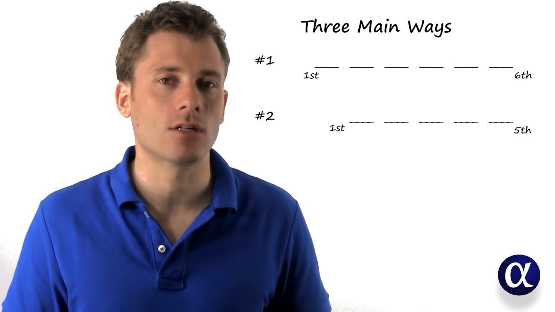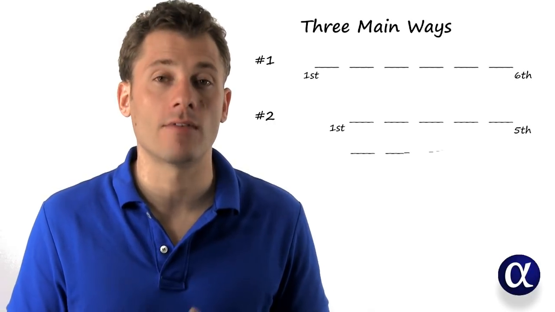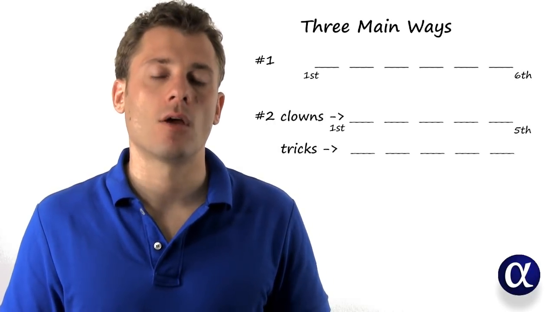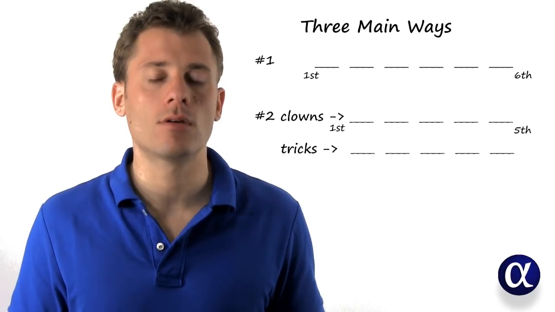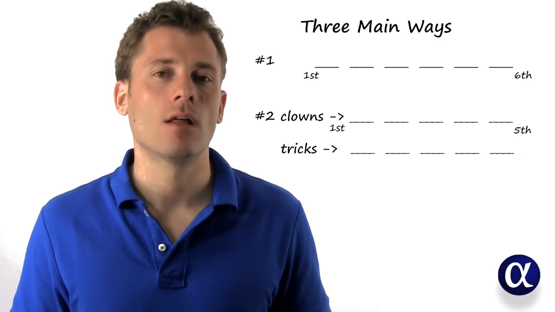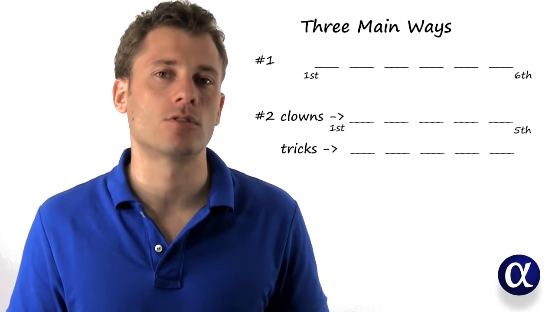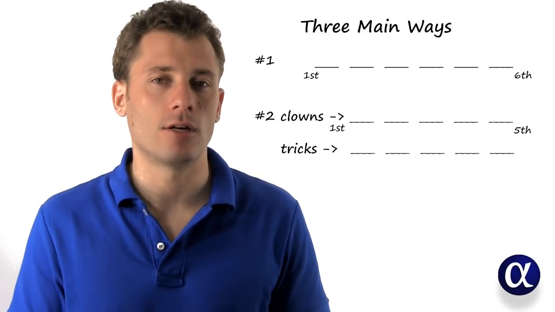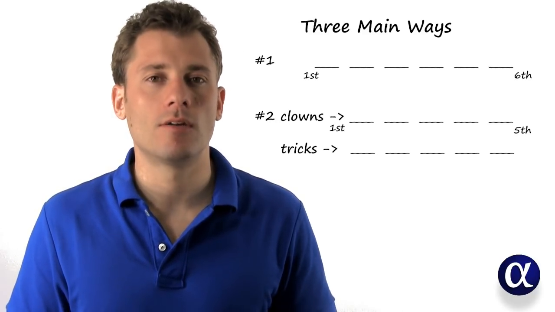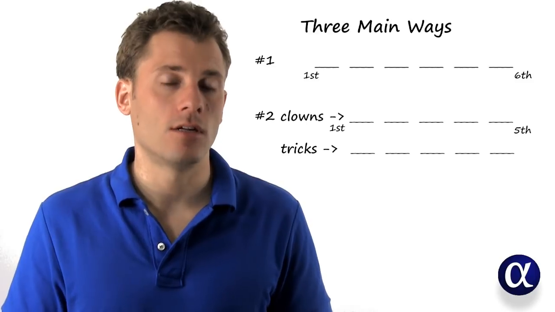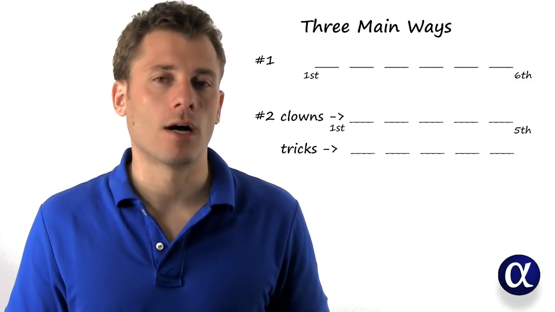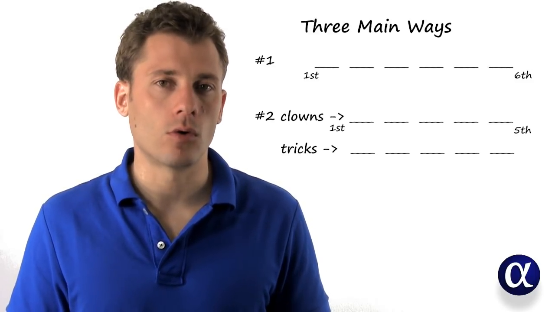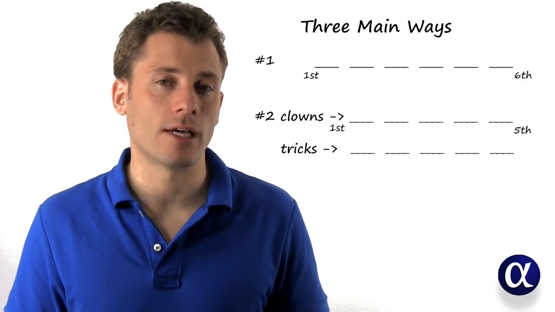So right next to each clown, either underneath it or above it, you want to have an extra line to represent what trick it is they're performing. And you can do this anytime you're given an additional level of information that corresponds directly to each of the entities that you're putting in your order. This gives you a bit of an advanced order and is used in advanced ordering games where you've got two levels for your ordering. And this is your second way of laying out your placeholders.